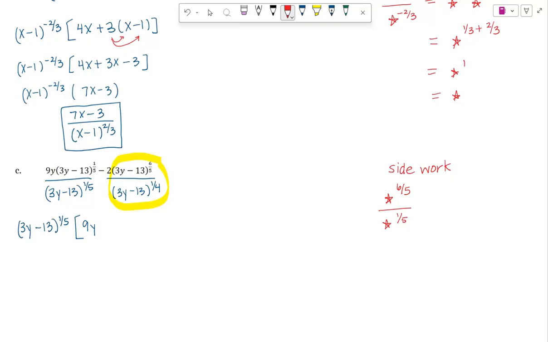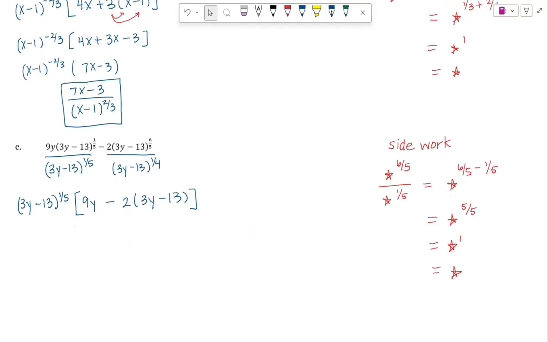In this example, both of our exponents are positive, so we actually subtract the exponents in this case. 6/5 minus 1/5 is going to be 5/5, or just star to the first power. So for our second term, it looks like we're going to end up with minus 2 times 3y minus 13.